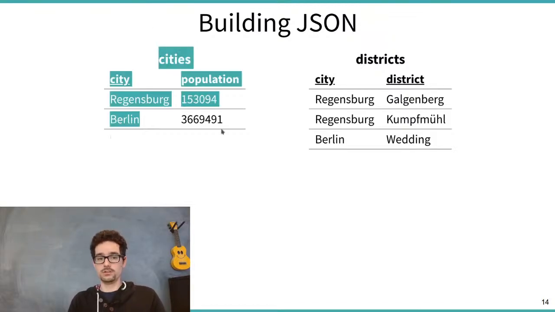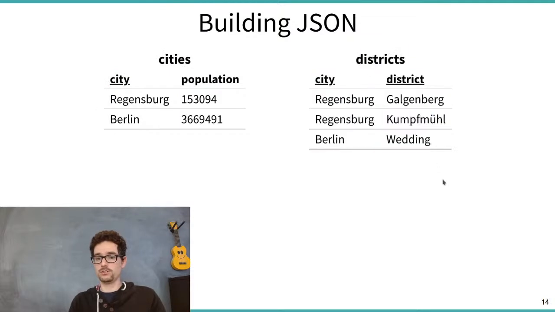Here's a cities table, here's a districts table to say, okay, Regensburg has so many inhabitants, Berlin has some more, and Regensburg and Berlin have multiple districts. So this is a 1-to-n relationship.